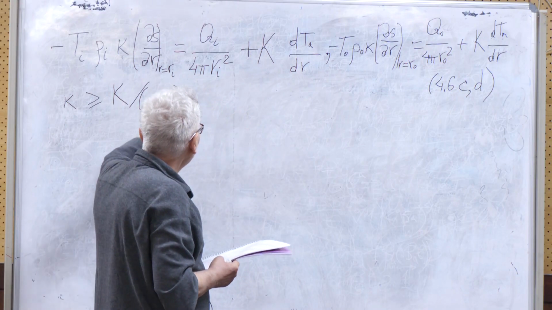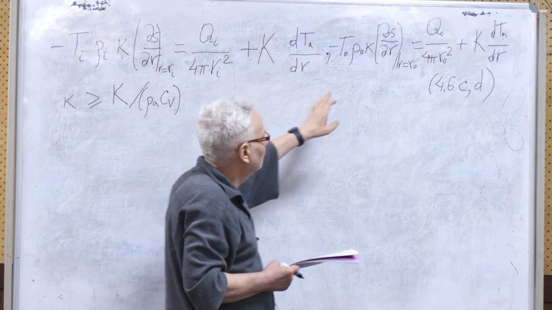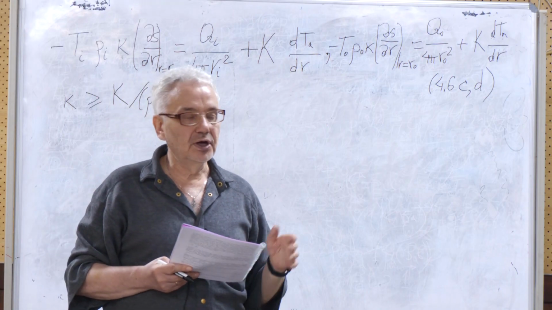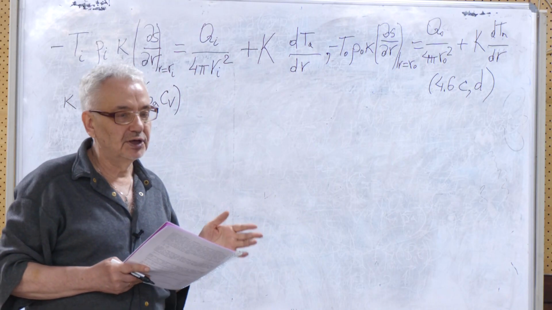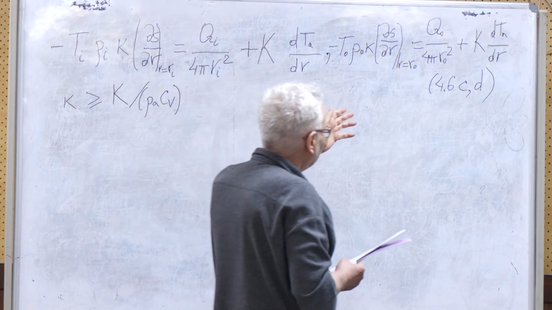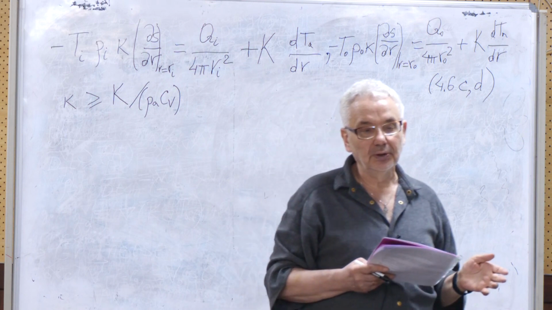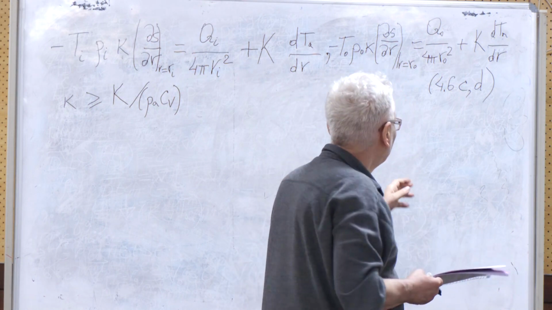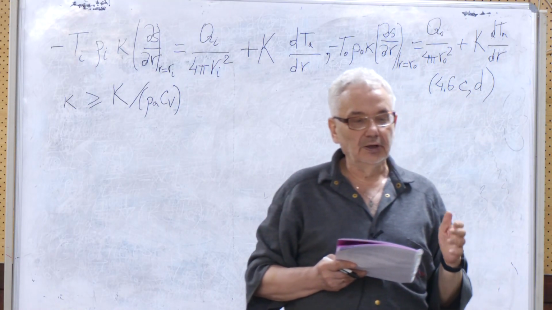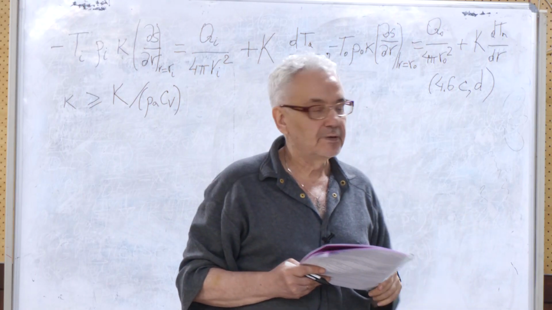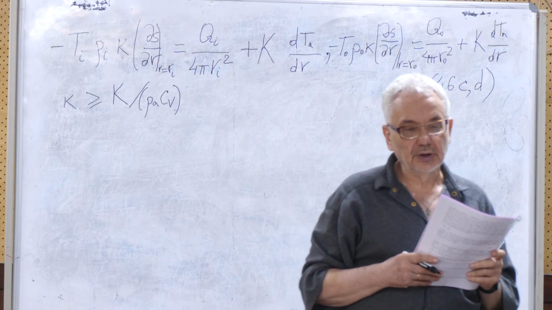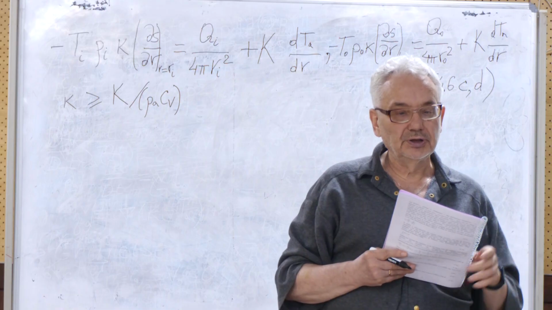It's a quite tricky situation that we have two boundary conditions, on the inner boundary and on the outer boundary. So it's also possible, for example, that on the inner boundary we have the condition that satisfies the development of convection, but on the outer boundary the condition could be not satisfied. It could be that not enough heat flux is coming out from the outer boundary. And if it's less than the adiabatic heat flux, then we have a sort of stable layer on top of the convection zone, near the outer boundary.